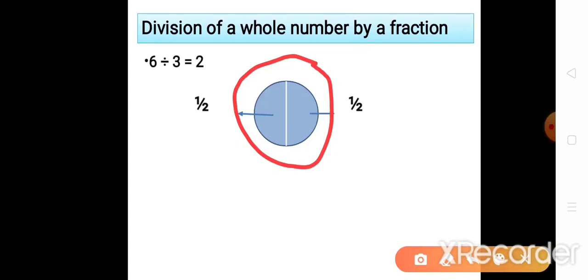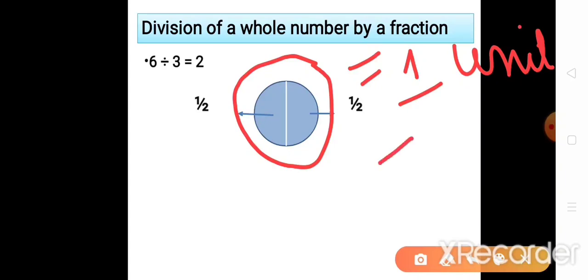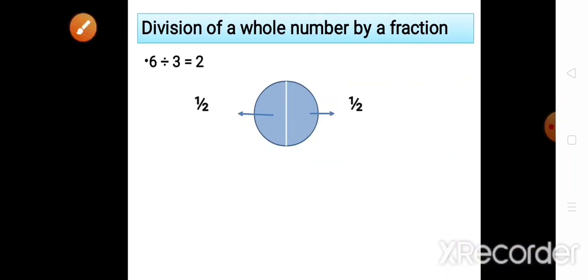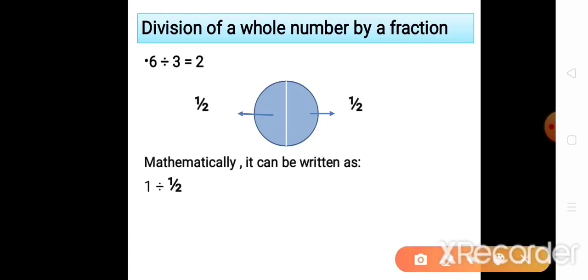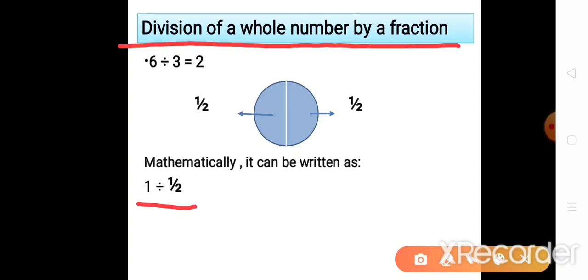Now, if I represent this one circle as one unit, which has got divided by 1 by 2, because I had divided into half, the number of parts I'm going to get is 2. Now, this can be represented mathematically. So, mathematically, it can be written as 1 divided by 1 by 2, which also represents the topic that we want to discuss, right? So 1 is the whole number here, and 1 by 2 is the fraction.